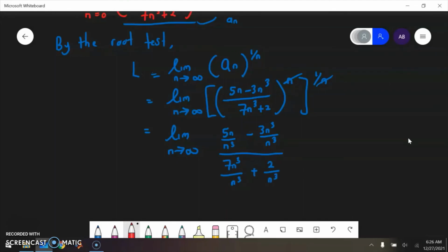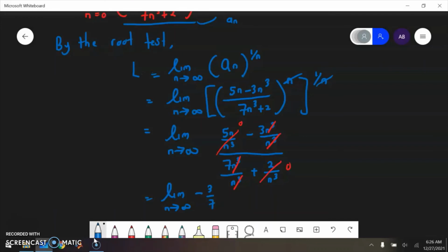So you can see that this term approaches 0. This term approaches 0. This gives me negative 3. This gives me 7. So the limit as n approaches infinity is negative 3 over 7.